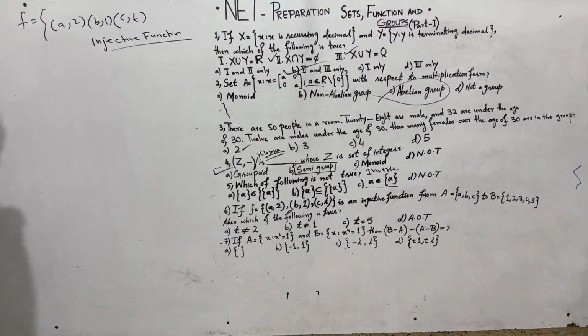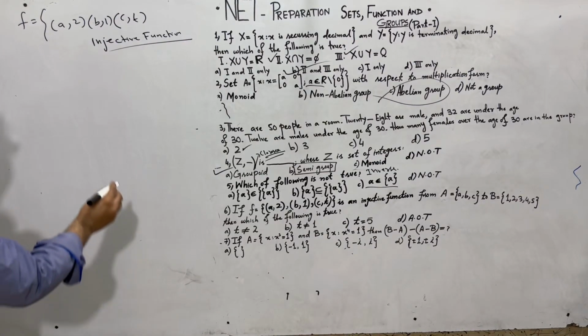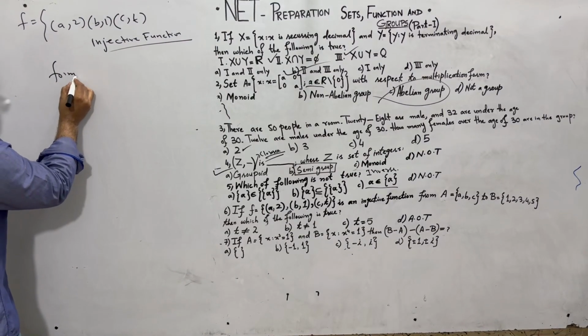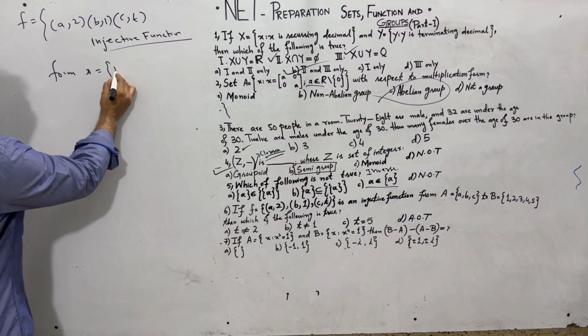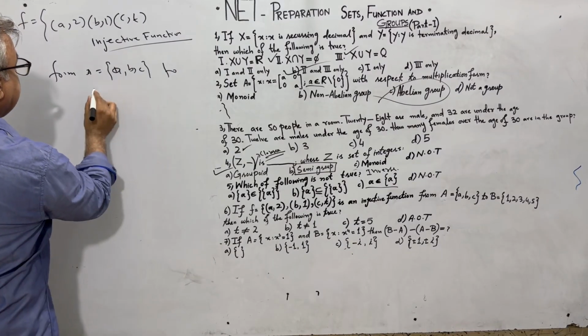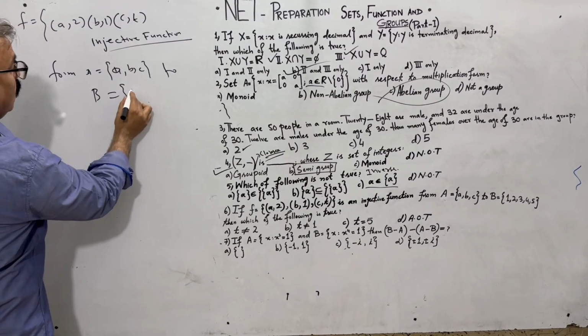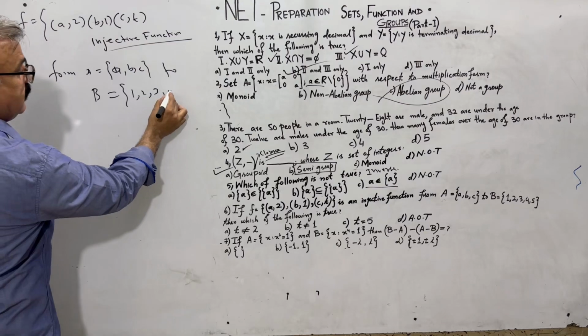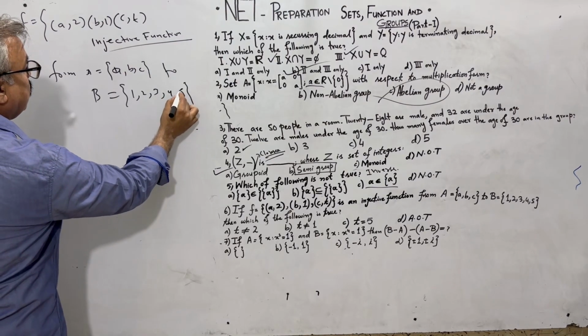A function is also called a mapping. It is a function from A, where A is {A, B, C}, to B, where B is {1, 2, 3, 4, 5}.